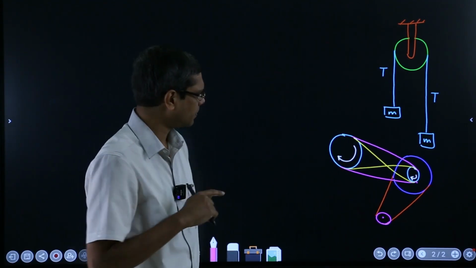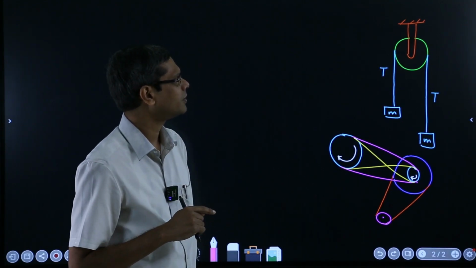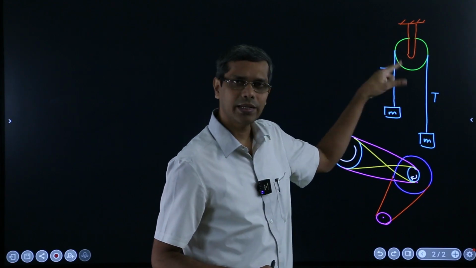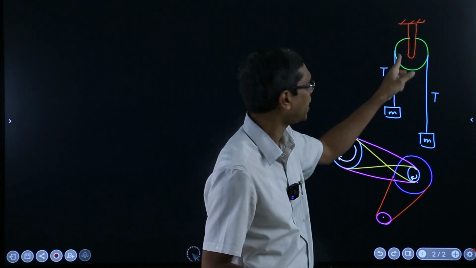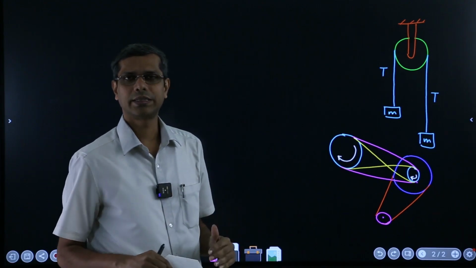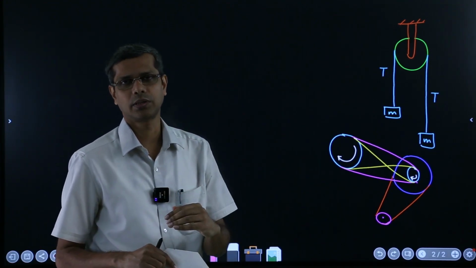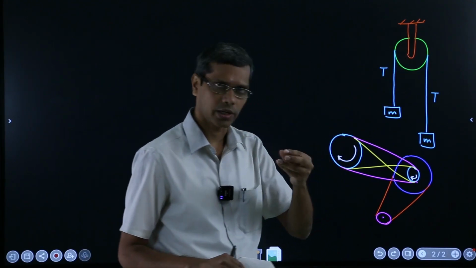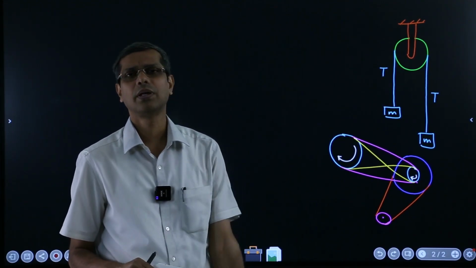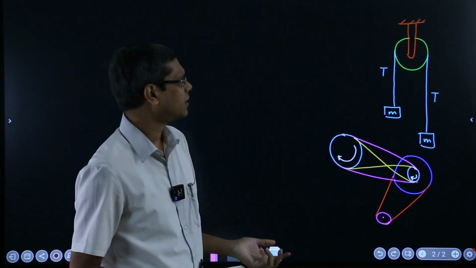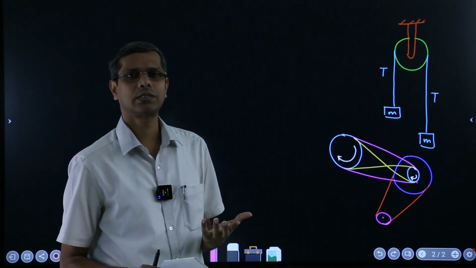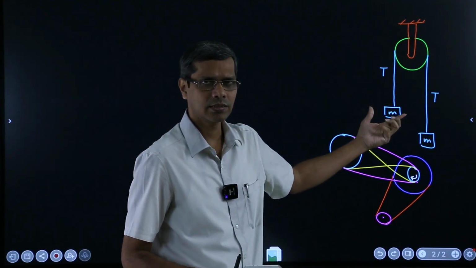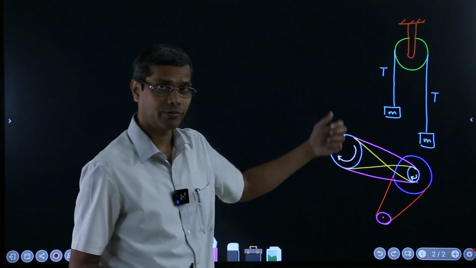Now the point is, if you have a frictionless contact on this part where the belt or the thread is in contact with the pulley, and you have friction at the joint, at the axle, then it does not matter, right? It behaves as if it is a frictionless pulley. Again the tension will be the same in this case. So that is not a case of a pulley with friction.